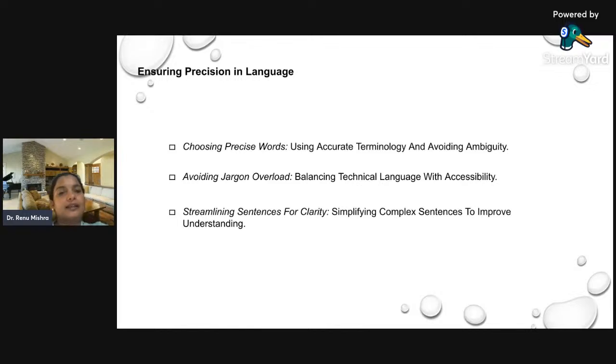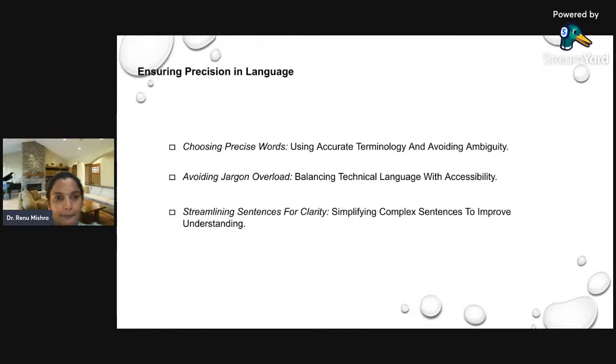When I always tell students or researchers, research is not something where we are telling others that we have done something in a very complicated manner.